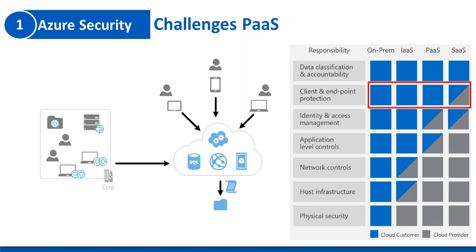So if you have a server or a set of servers that's interfacing with that PaaS service, make sure that it's running something like server protection to make sure that your on-premise hardware doesn't become a potential entry point for attackers that want to get to your PaaS service, or vice versa.